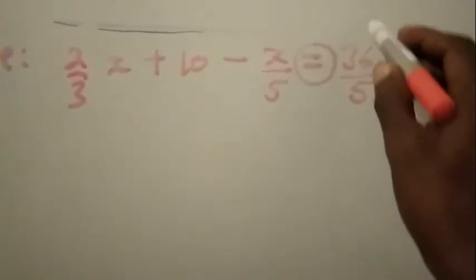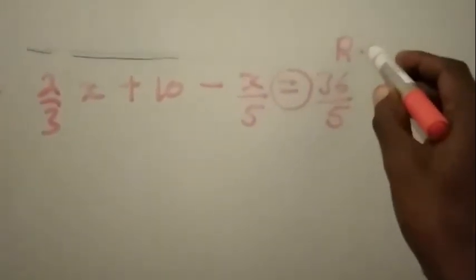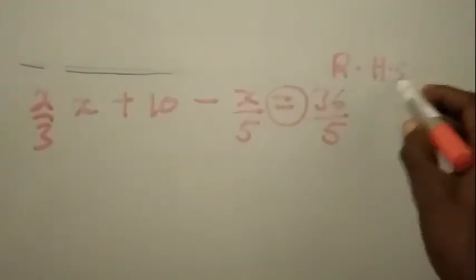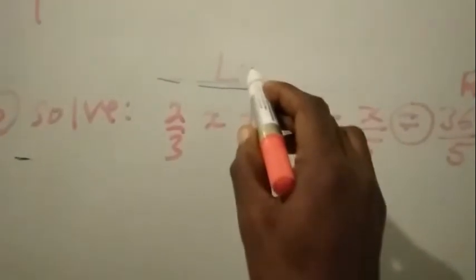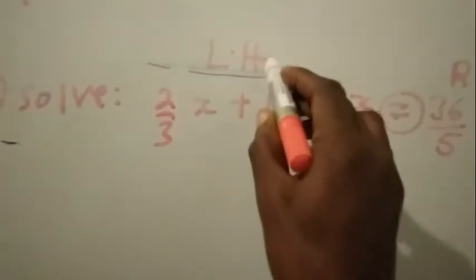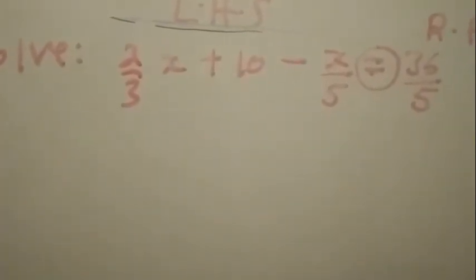After the equal sign, this is the right hand side, and before the equal sign, this is the left hand side. So to solve this equation nicely, you can see that the equation is full of fractions.